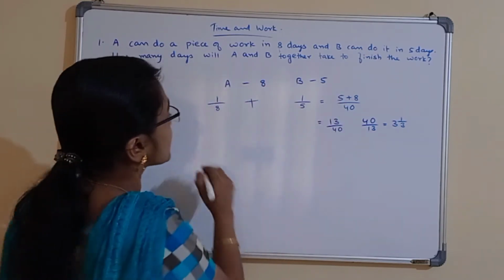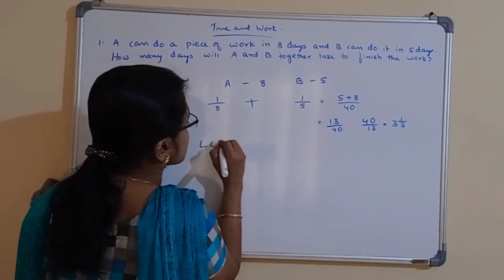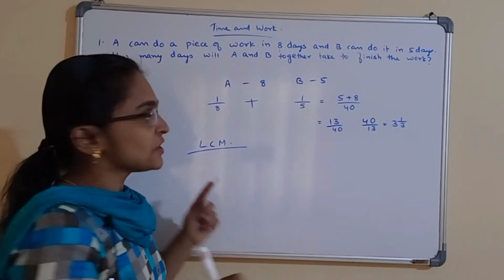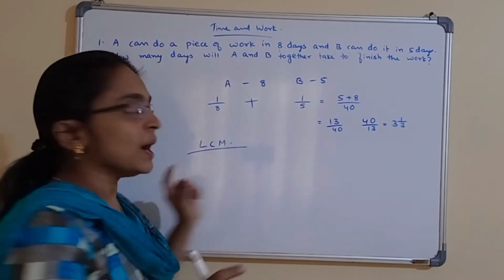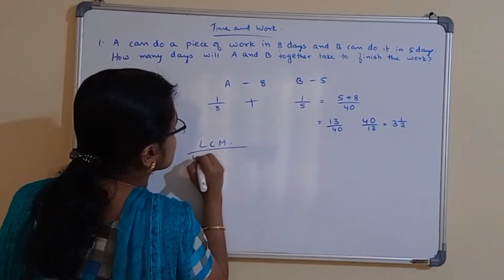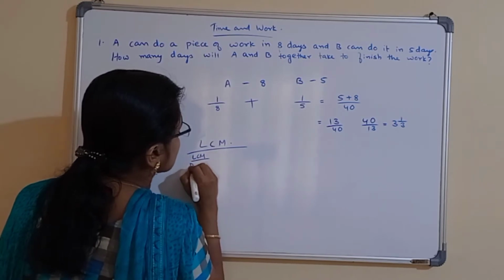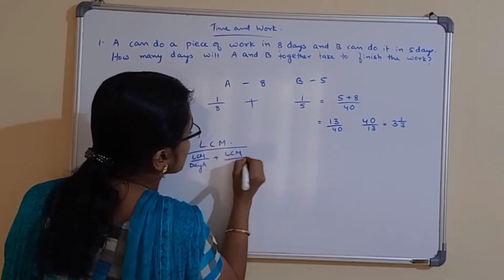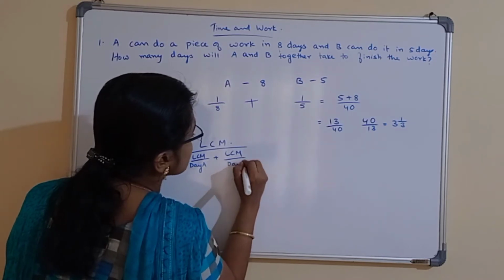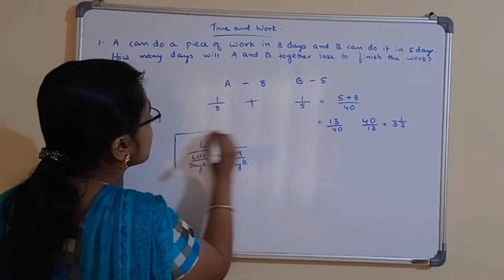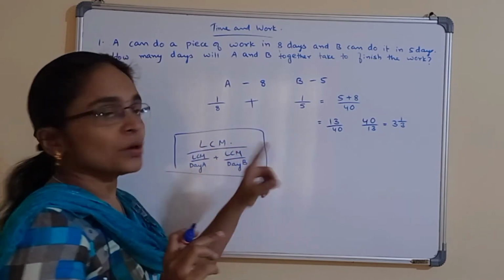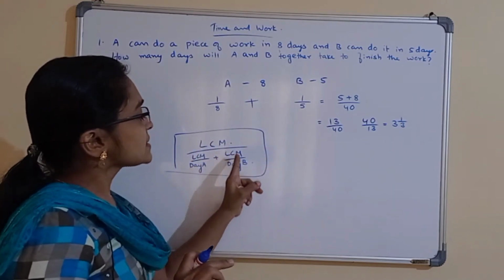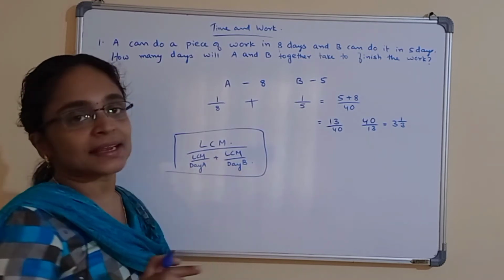So instead of doing that, we can take the LCM first, the LCM of these numbers, that is the number of days. LCM by number of days A takes plus LCM by number of days B takes. So this is the formula: LCM whole divided by LCM by number of days A takes plus LCM by number of days B takes.